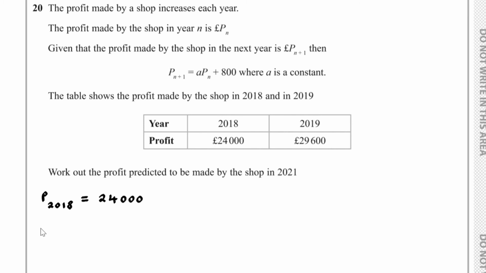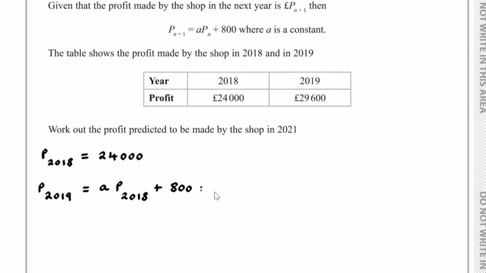And the profit made in 2019 is A times the profit made in 2018, the previous year, plus 800.